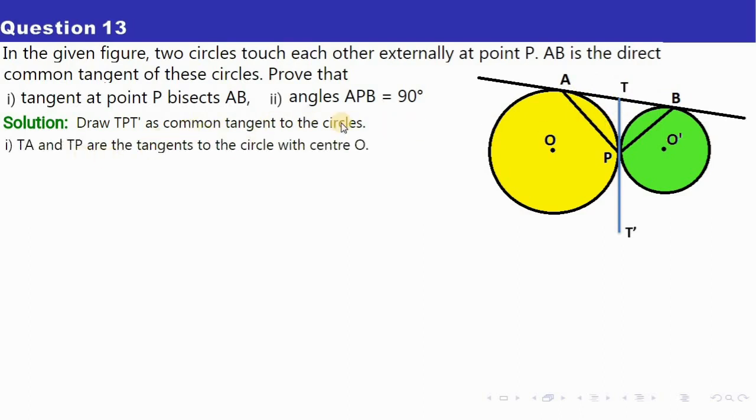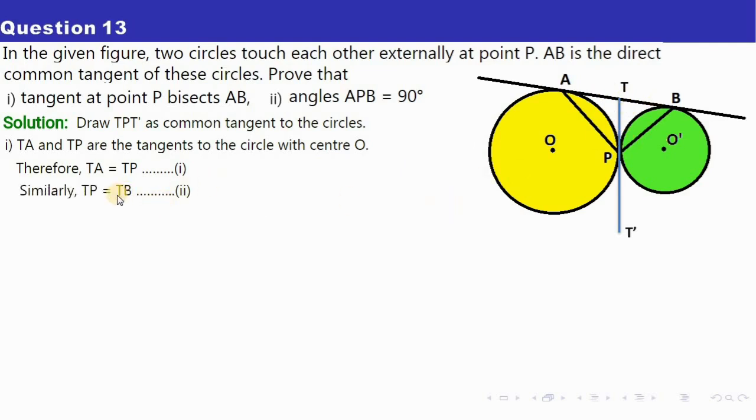Now from T, forget about one of the circles. This T lies outside the circle, isn't it? So from T you are drawing two tangents, one is TA and another is TP, and we know that they will be equal to each other. So we have TA equals TP. Similarly, forgetting this circle now, from T there are two tangents, TB and TP. TB and TP are also equal to each other.